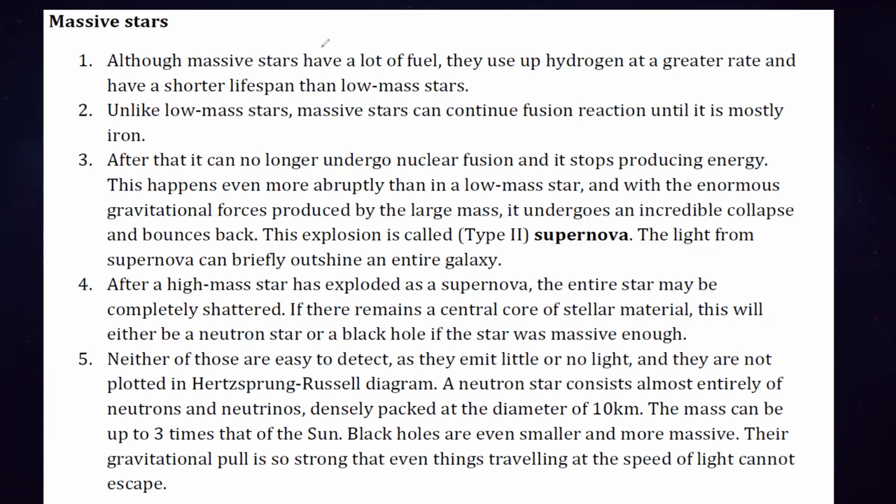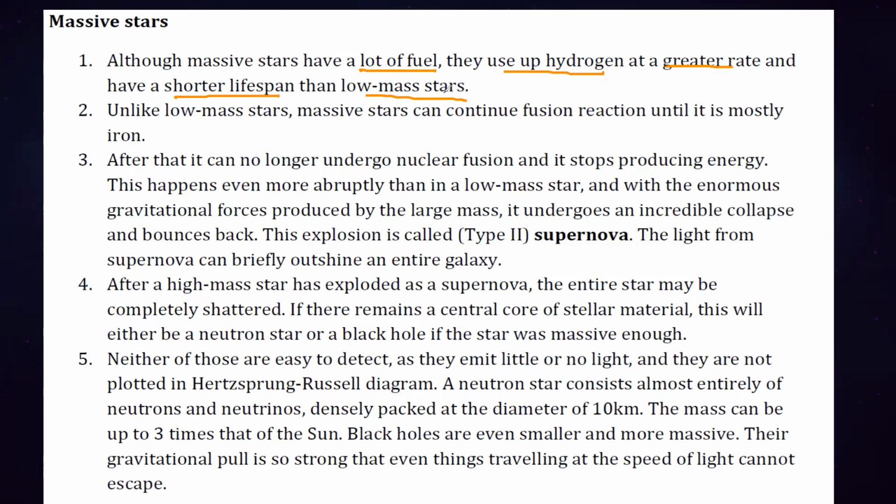So they have a lot of fuel and they use up hydrogen at a greater rate because the temperature is high. For a high mass star, in the protostar, the temperature is much higher than in a low mass star. So hydrogen fusion happens very fast, and as a result, they have a shorter lifespan than a low mass star.